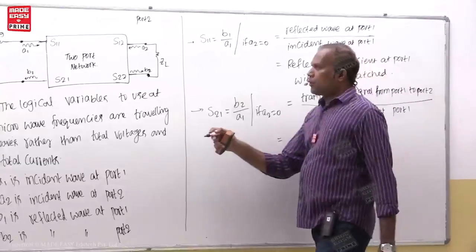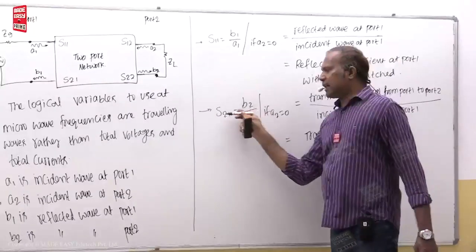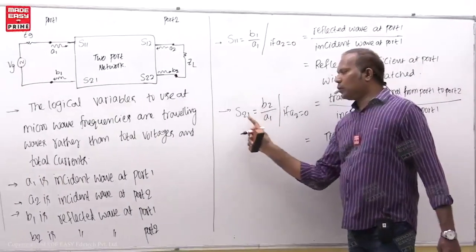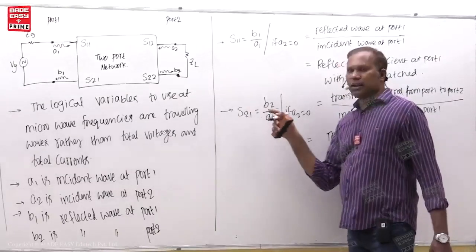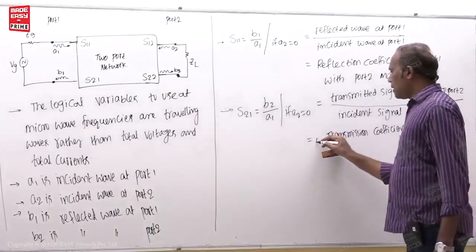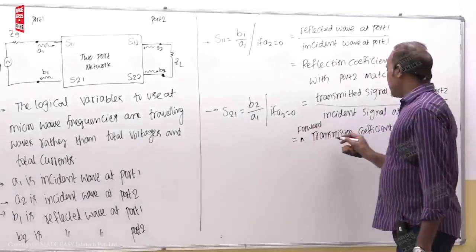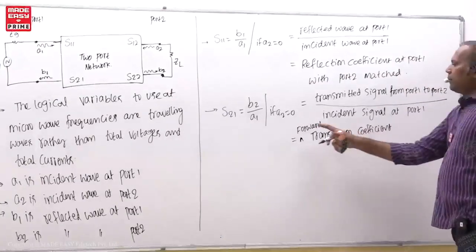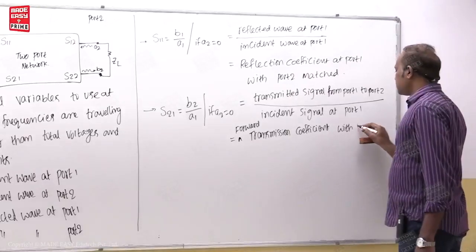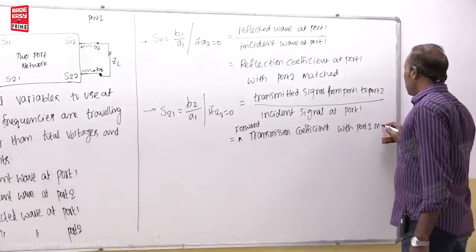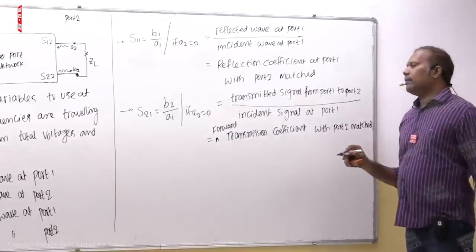See student, it is going from input to output now, that is why it is called forward. If you see it here, it is seen in the reverse direction. 1 to 2 is how it is symbolized, meaning the signal is going from port 1 to port 2. So it is called the forward transmission coefficient, by making A2 0. That means with port 2 matched. At port 2 matching is done, which means there is no reflected wave at port 2.